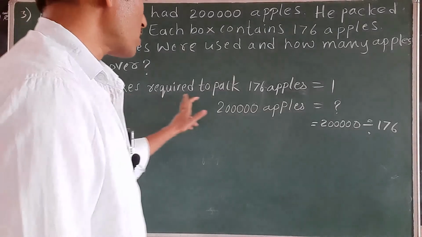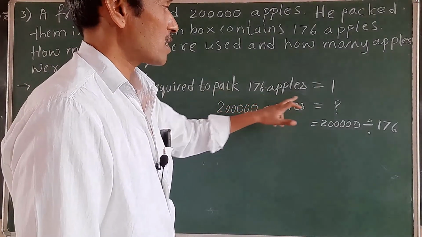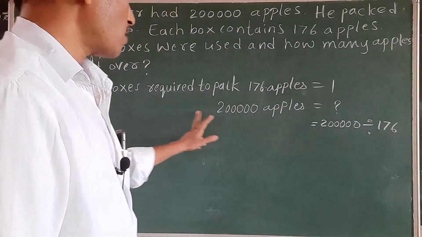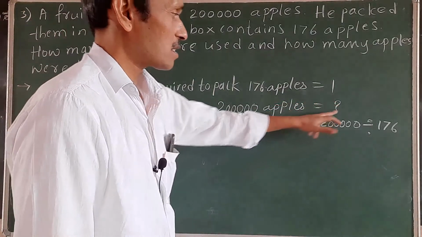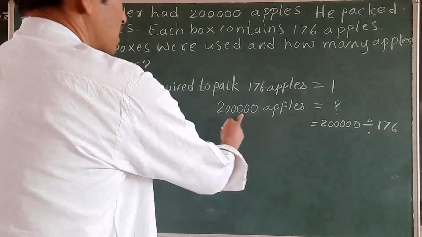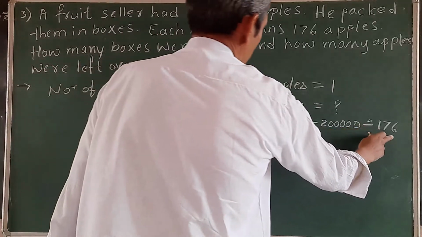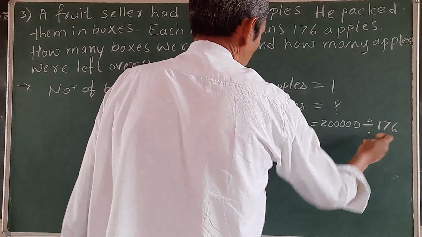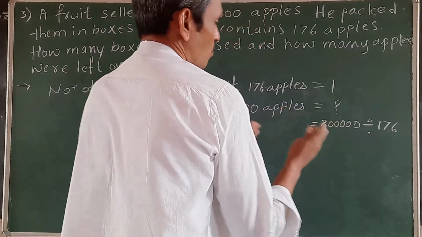The number of boxes required to pack 176 apples is 1, and the number of boxes required to pack 2 lakh apples is question mark. If we divide the total number of apples by the number of apples packed in one box, we will get the parts of 176.